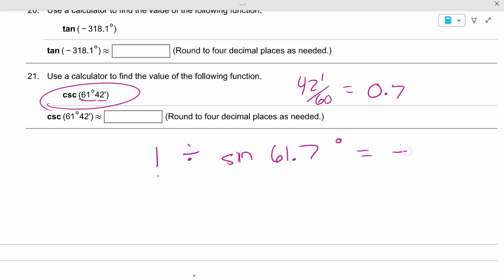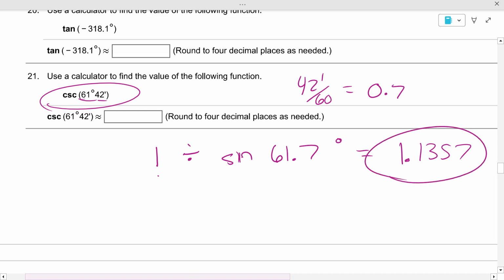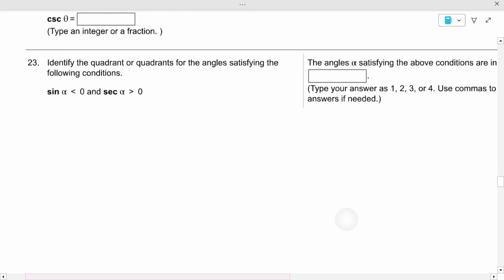I don't think it's negative. 1.1357. You might be in the wrong mode. Click mode on your calculator. If you're in radian mode, you want to switch to degree mode. So make sure your calculator's in degree mode, not radian mode.